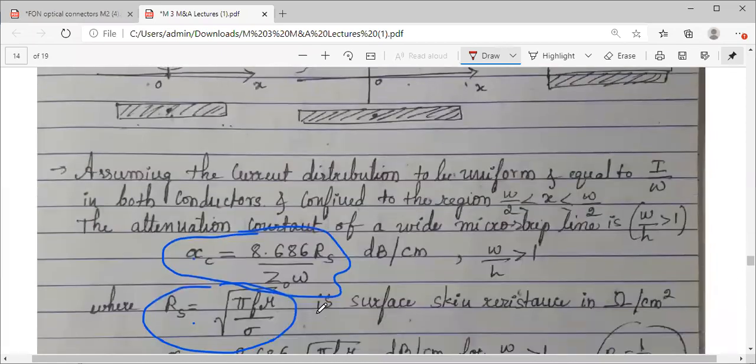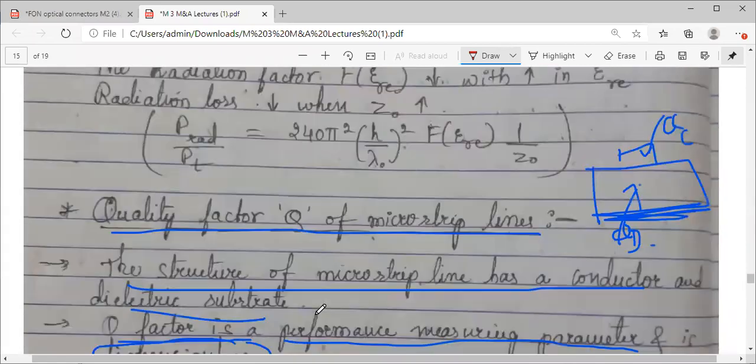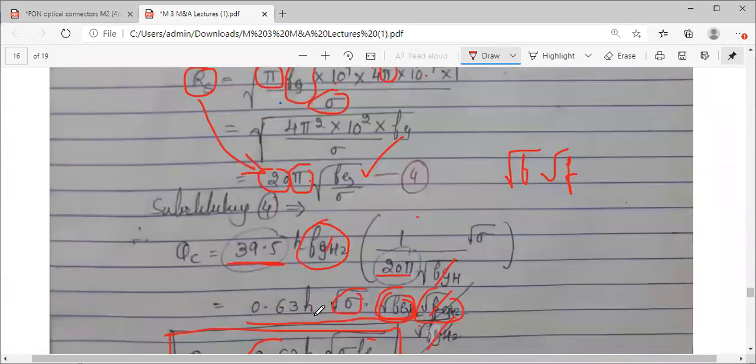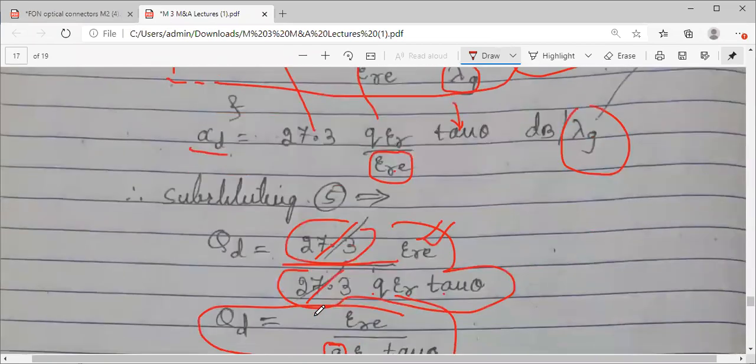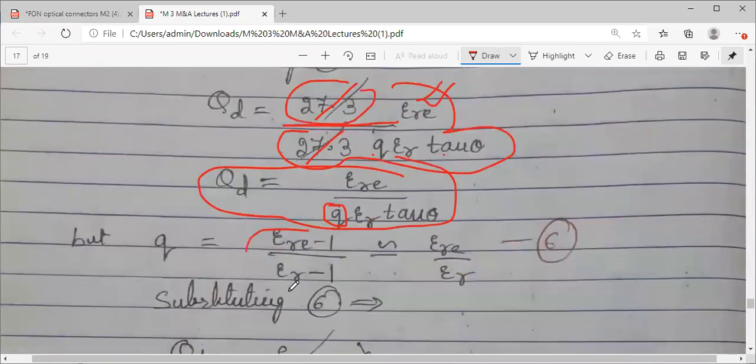I am using that equation. Before substitution, I am approximating this q value as simply epsilon re divided by epsilon r.